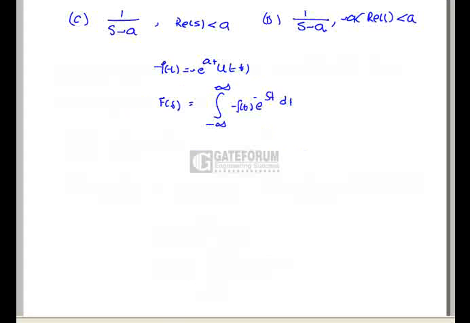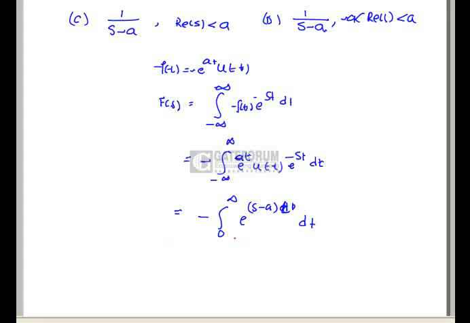So minus infinite to infinite e power at u of minus t e power minus st dt. Here 0 to infinite e power s minus a t dt.